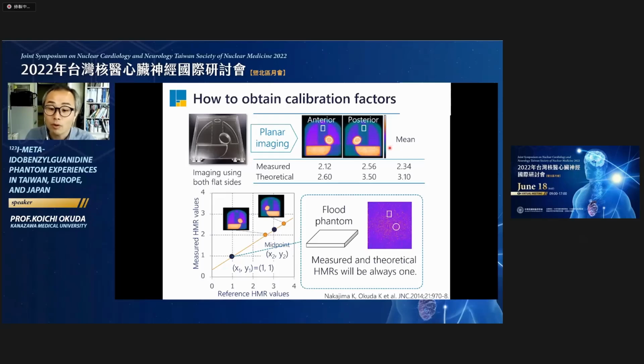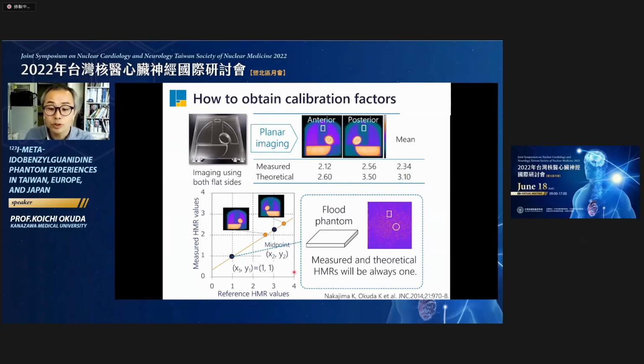After that, we compute two HMRs, 2.12 and 2.56, and then calculate the average HMR value, 2.34. Since theoretical HMR values are already known, we also calculate the average HMR value, 3.10.